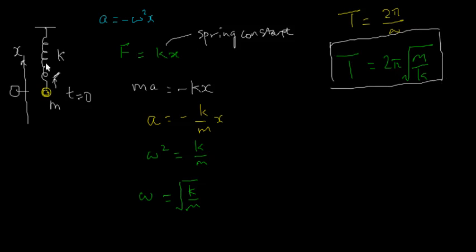Now, you can see that the reasoning I used earlier on to think about what quantities in this spring and mass example would affect the period actually shows up here again. You see, I have m there and I have k here.